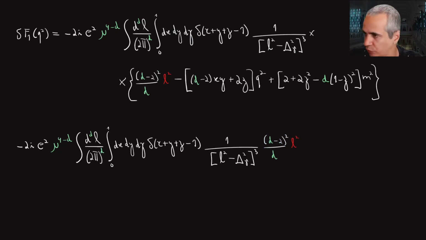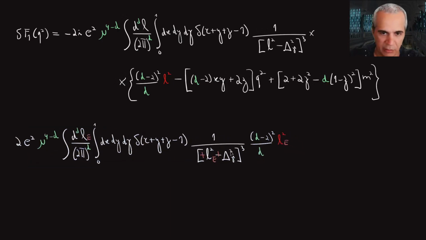Again, I have to go to the Euclidean, which means a sign coming from here, and a factor of i coming from here, but there's also another sign from this one. So the two signs cancel each other, and an i comes out here and combines with these minus and these i. So I'm left with just 2e squared times this whole thing.